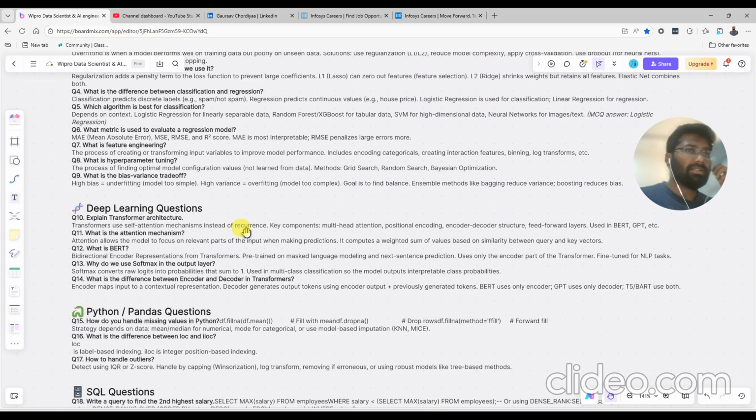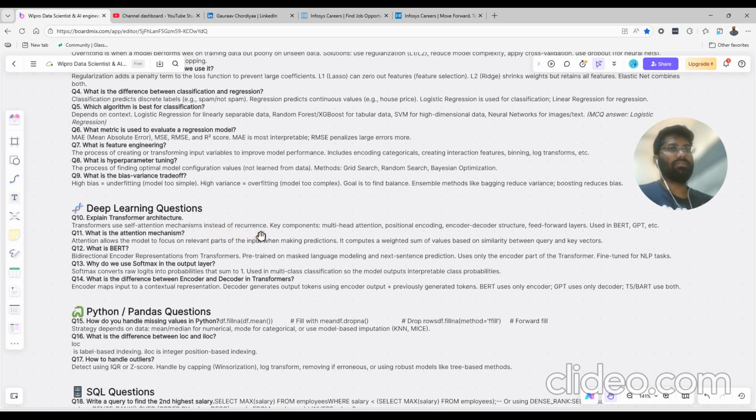Now, deep learning questions. They may ask you a deep learning related question depending on your position. So explain the transformer architecture. Transformer is used in deep learning and generative AI. This is the backbone of every single deep learning model and generative AI model which we use. Transformer uses a self attention mechanism instead of recurrence.